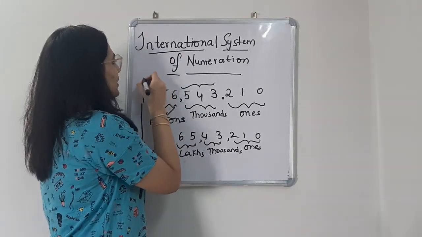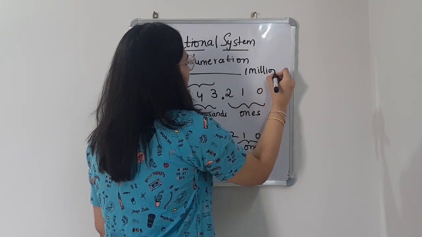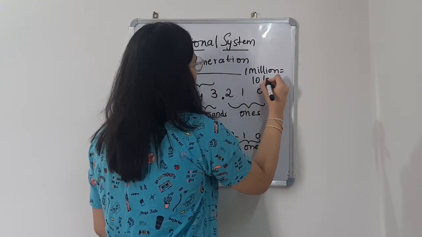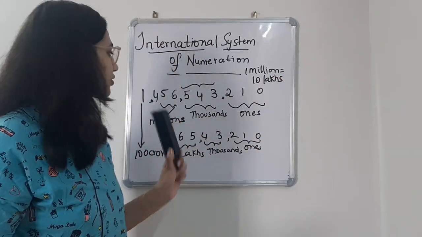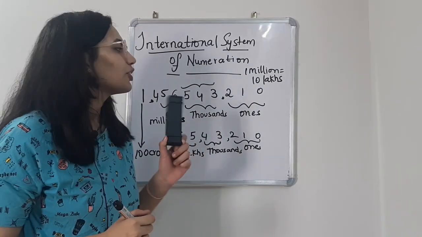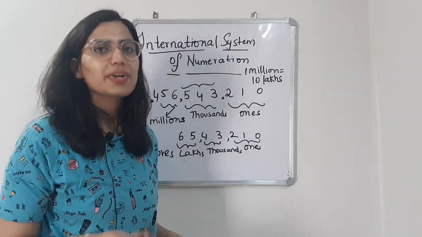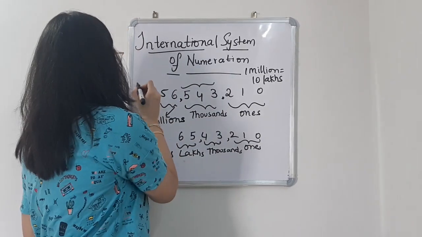And 1 million is equal to 10 lakhs. I will share the comparisons with you, but this is how you place and express numbers in the international system of numeration.